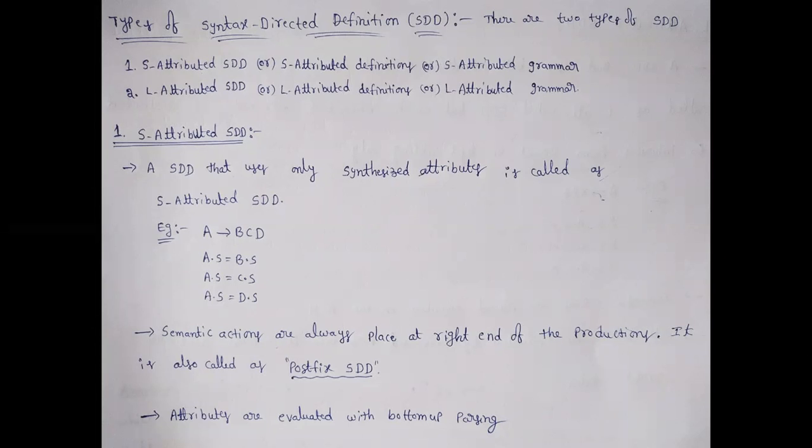We can also say it this way: S attributed definitions and L attributed definitions, or S attributed grammar and L attributed grammar. So, taking the types of syntax directed definitions, there are two types. The first is S attributed SDD and the second is L attributed SDD. These are also known as S attributed definitions or S attributed grammar, and L attributed SDD is also known as L attributed definition or L attributed grammar.